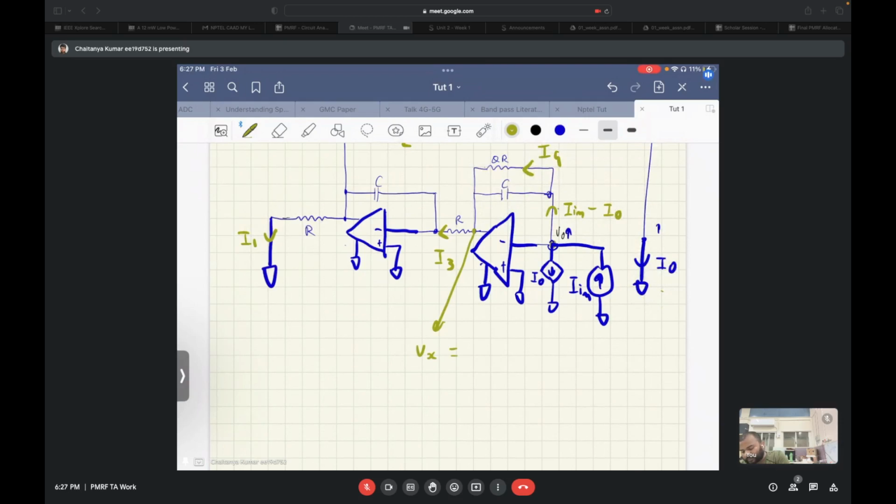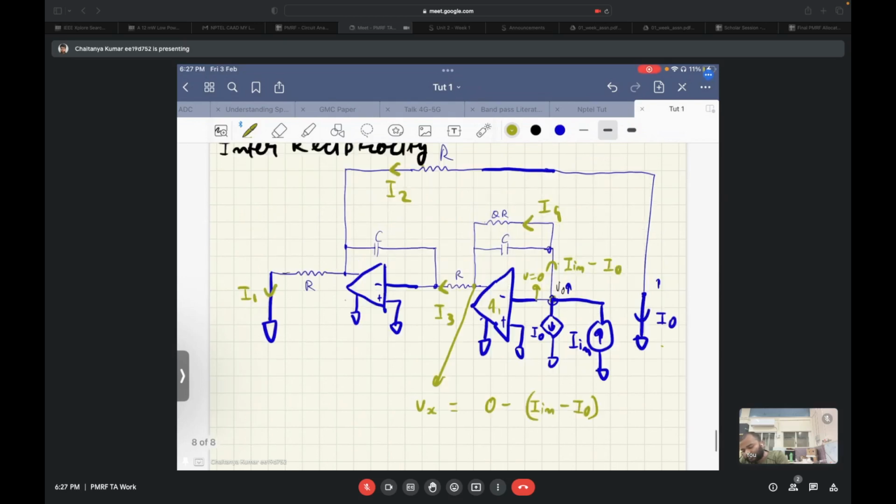Vx is equal to, since this voltage is short, this voltage V is equal to 0, and the voltage at the output of op amp A1 is Vx, and we can write it as 0 minus (I in minus I naught) times this impedance.